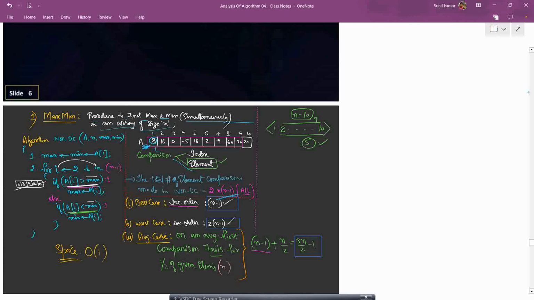In the first traverse, best case is n minus 1, worst case 2 of n minus 1. On an average, the first comparison fails for n minus 1 and then n by 2, so 3n by 2 comparisons.